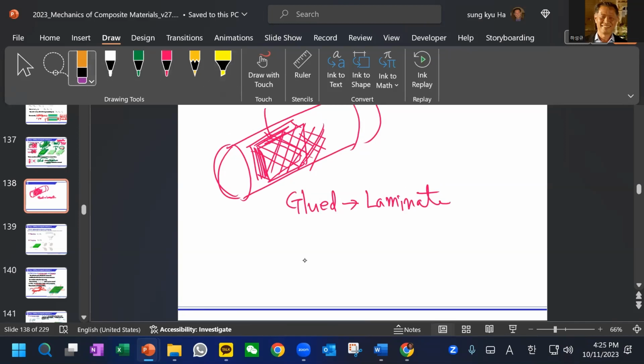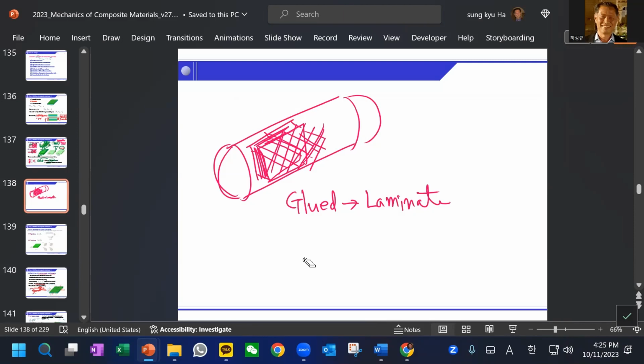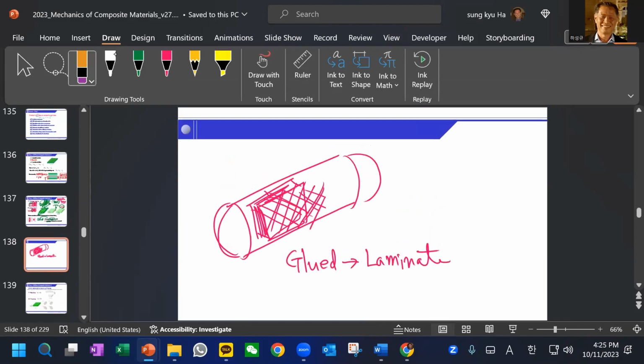Sorry, it's very inconvenient. So we know that we have a lot of internal load as a pipe or a pressure vessel. Let's say this laminate will carry a lot of load like that.